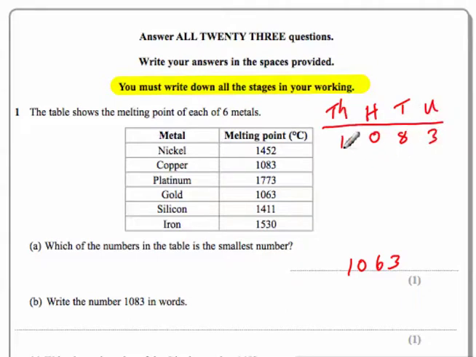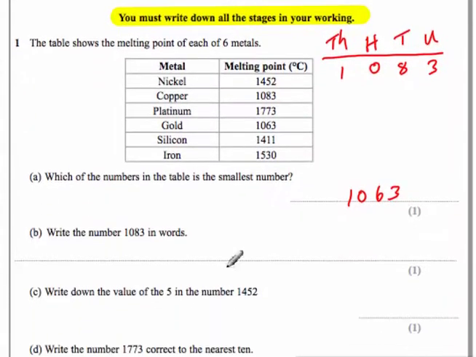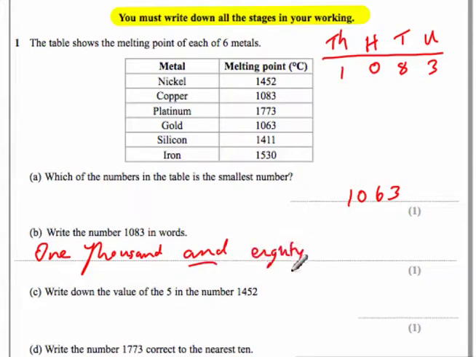So that's what we write down here. 1000 and, don't forget that word, and 83. Now it's very easy for the odd digit to appear here. So instead of writing 83, you might stick an 8 in here just by accident. So just make sure that it's all in words and not numbers.